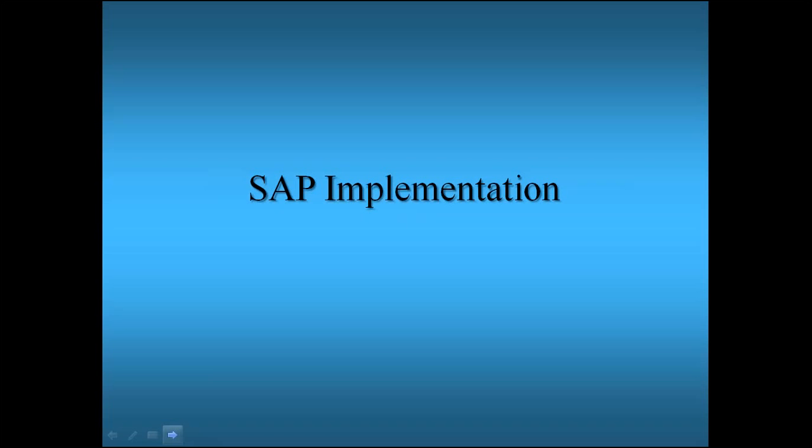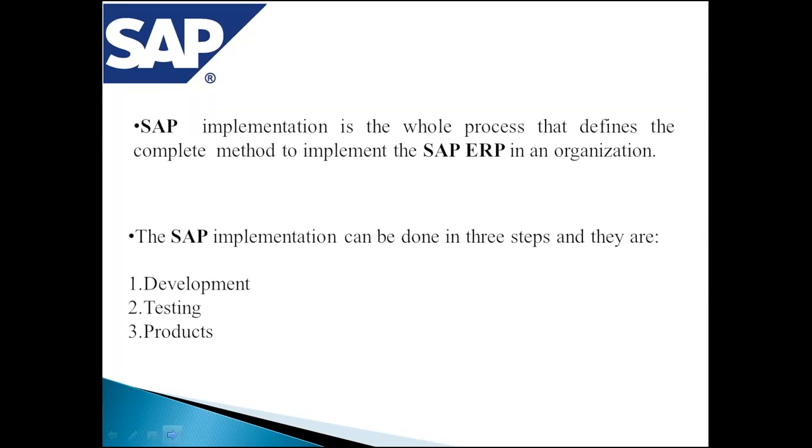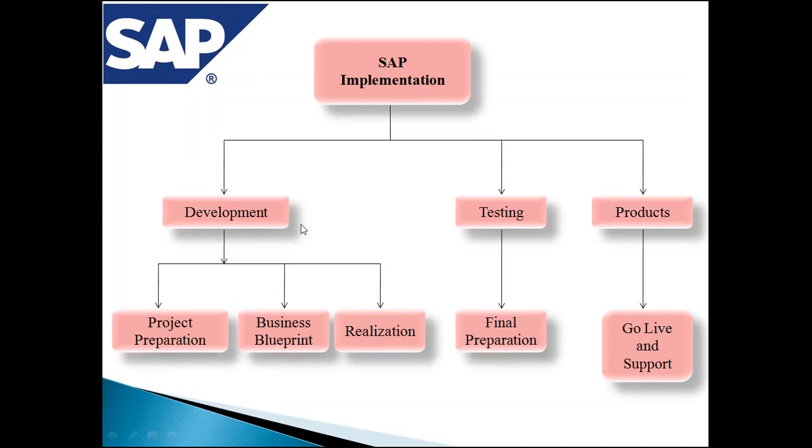In which phase will you be working, and who are the people working on the respective phases, and what exactly does each consist of? At a higher level, how many phases are there? We'll understand that. First is the development stage, then the testing stage, then the product of SAP is ready.